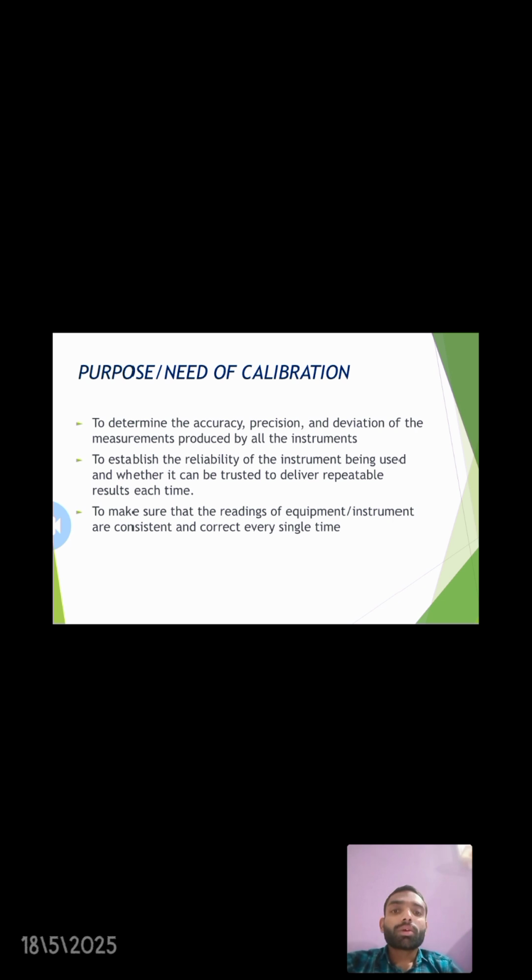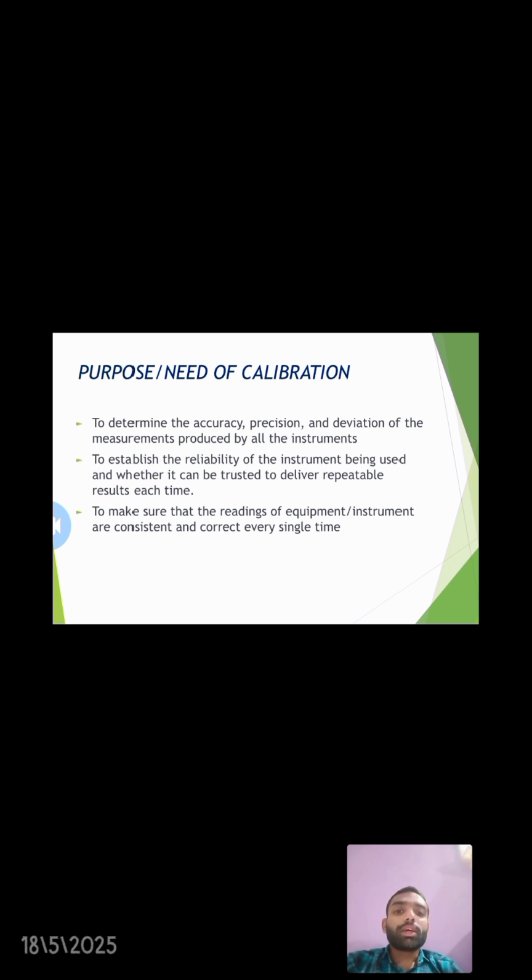Next, move on to the purpose or need of calibration. First, to determine the accuracy, precision and deviations of the measurements produced by the instruments. Second, to establish the reliability of the instruments being used and whether they can be trusted to deliver repeatable results each time.